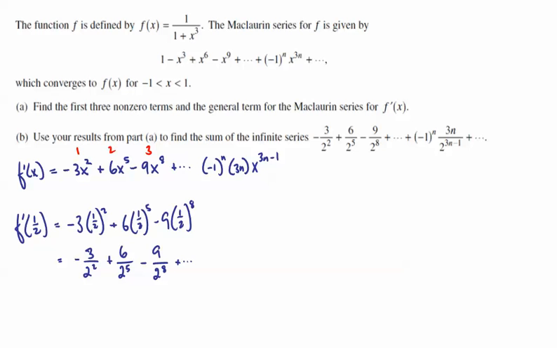So what we're saying is that that infinite numeric series is just f prime evaluated at 1/2, and from that point we can depart from the series. Actually, I believe it might be a geometric series, but let's just see, one second.